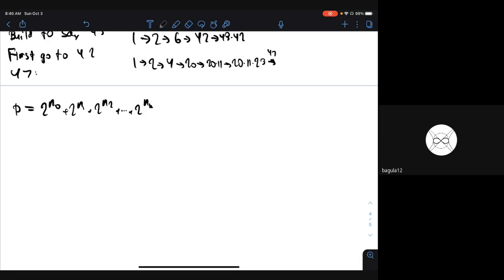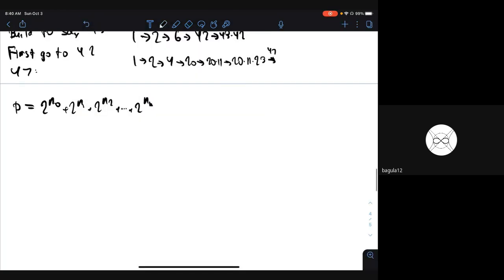Okay, so I'll just write this in recursive form. First, say we have f of n steps to get to n. Then we have f of 2n is less than or equal to f of n plus 1.